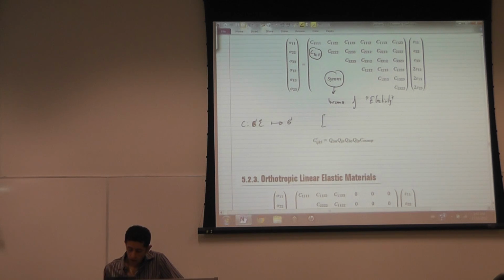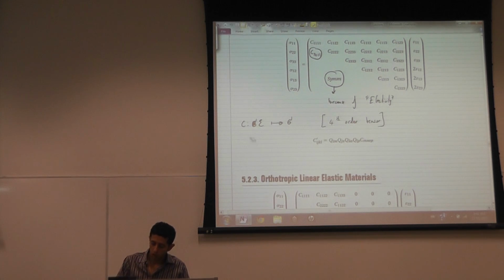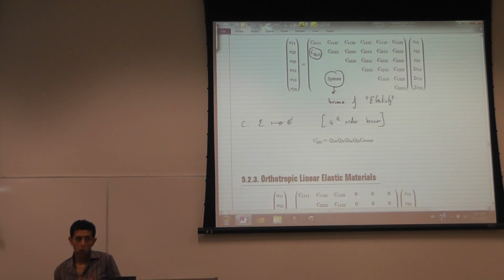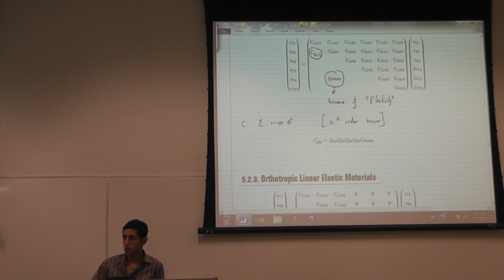So, if you remember the end of chapter 1, this is a fourth order tensor. For every matrix, it gives me another matrix. How? If I change the coordinates of the system, then the components of C change according to this equation. And we studied this at the end of the fourth chapter.